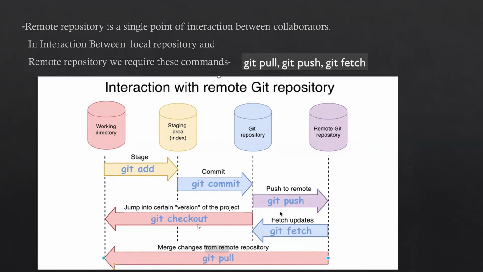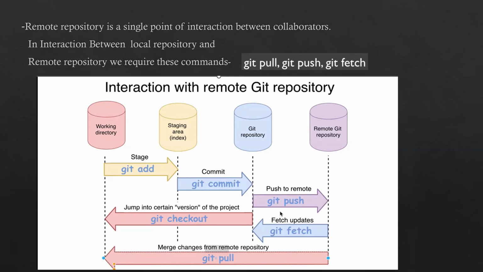Like git checkout. What is git checkout? In my previous presentation, I explained that I have to create a branch name. I created a branch that is not the main branch. At a particular instance, I had to add some files, so I named the branch new. At this instance, I'm making the commits.